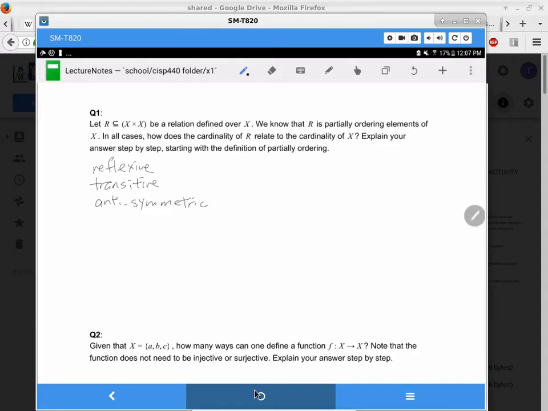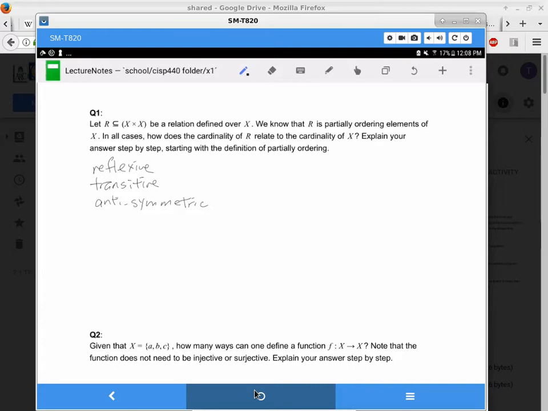No, that's all. So out of these three, the empty relation already satisfies 2 out of 3. Which 2 are we talking about? Transitive and antisymmetric. So reflexive is the only one that doesn't work with an empty relation.